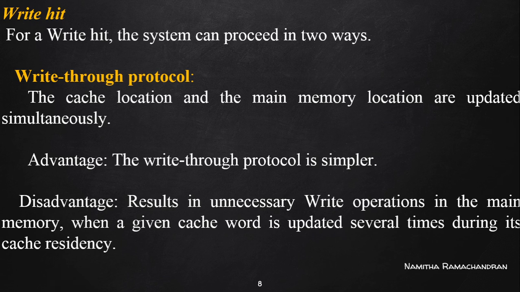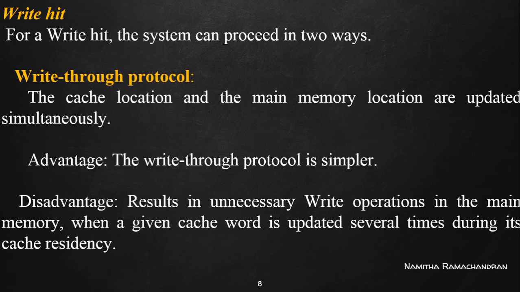So we have an assumption, that is temporal locality. That is, while accessing a particular memory word, the chance to access that memory word again and again is very high. So here the processor wants to perform a write operation.